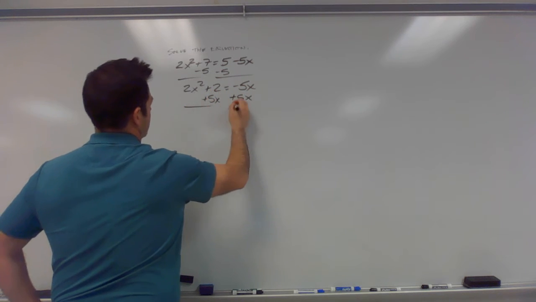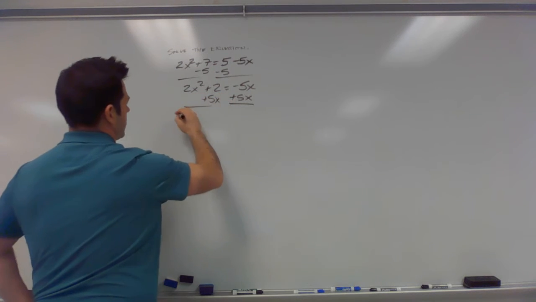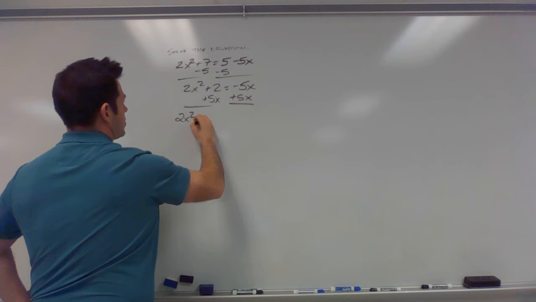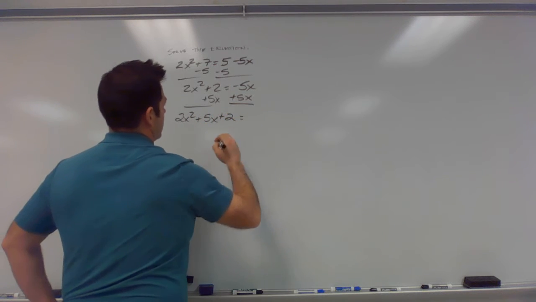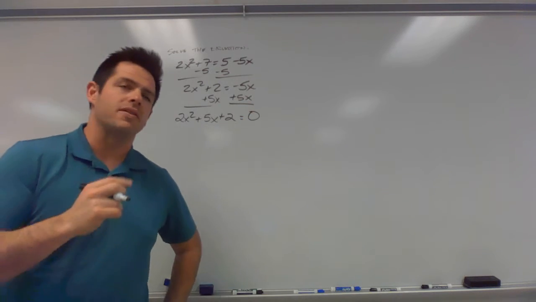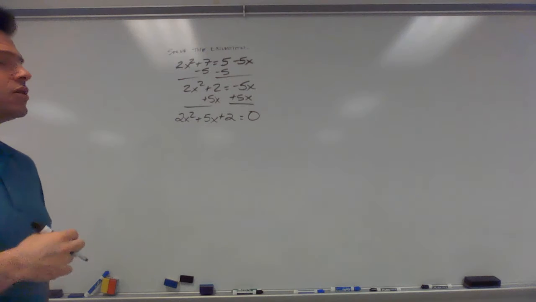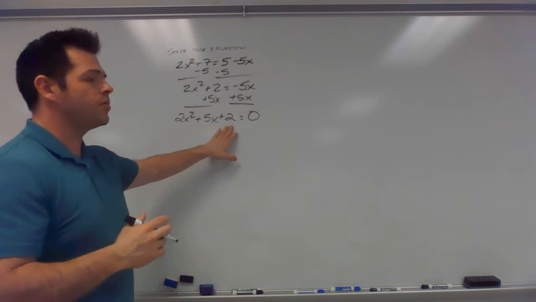No like terms on the left side now. The 2x squared, the 5x, the 2, all different types of terms. There's my quadratic. There's my linear term. And there's my constant. But finally, negative 5x plus 5x, we get the right side of the equation equal to 0. So I'm at this spot now where I can see this quadratic trinomial.